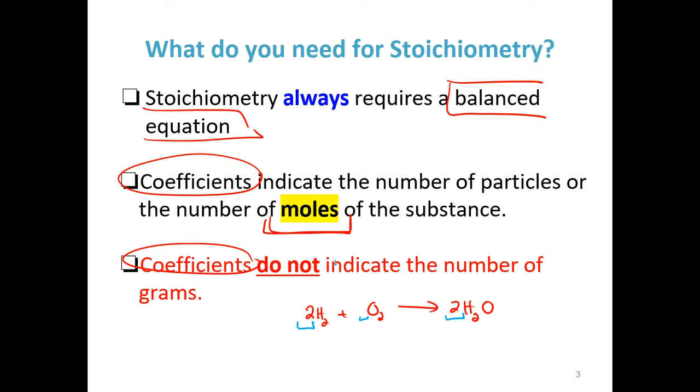Coefficients cannot be grams. I can say I have 50 grams of hydrogen, but the 2 is not the mass, it's just the moles. So you have 2 moles of hydrogen to 1 mole of oxygen to 2 moles of water in this reaction, okay?